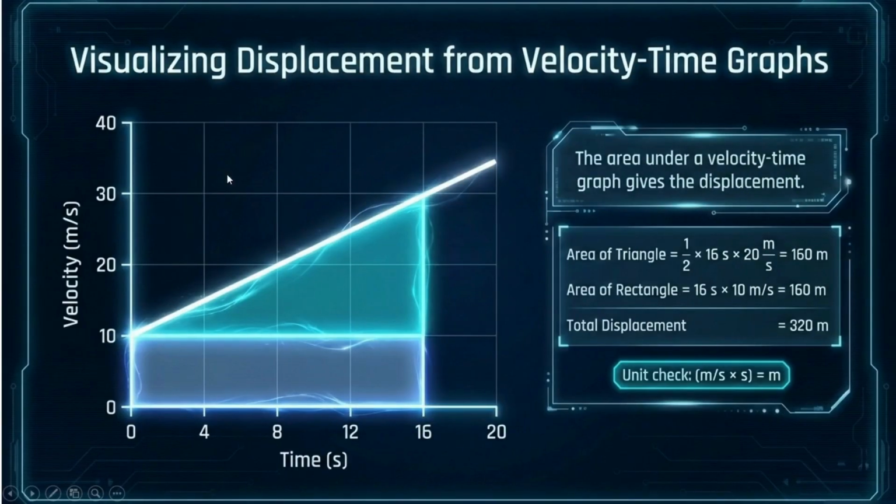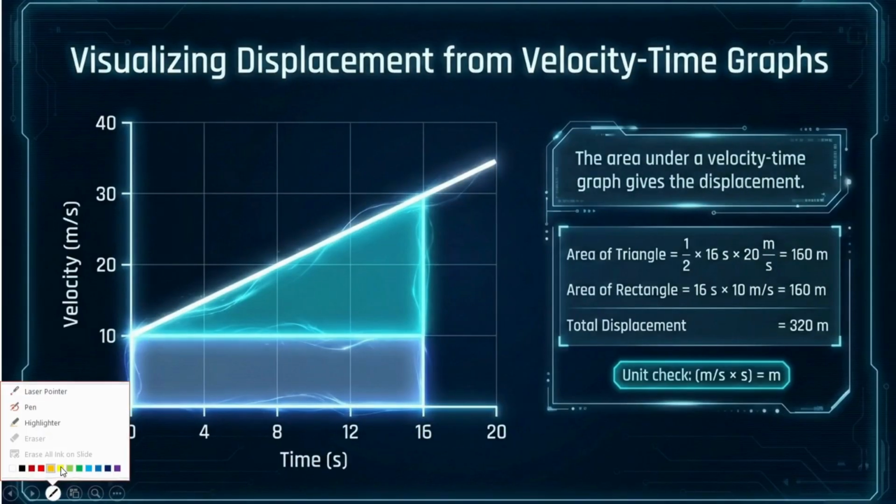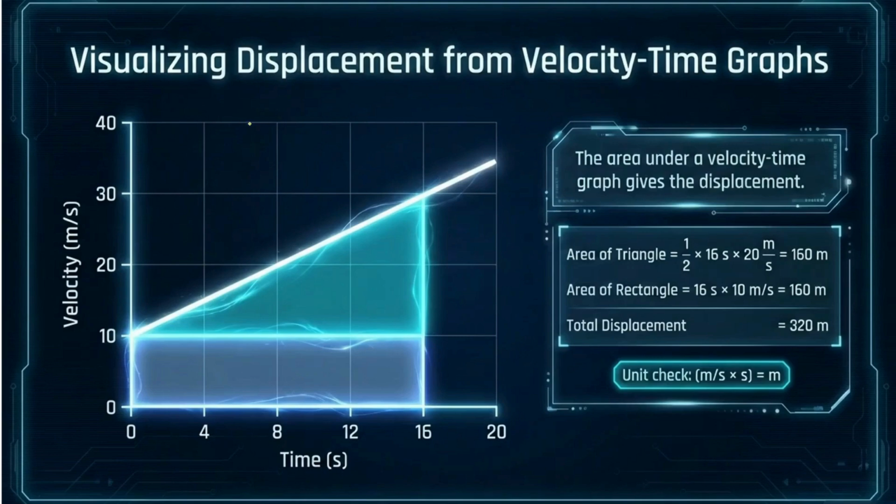We have seen the VT graph before. In that, we have seen that the area covered by this graph shows the displacement. So today we are going to see how we find the area.